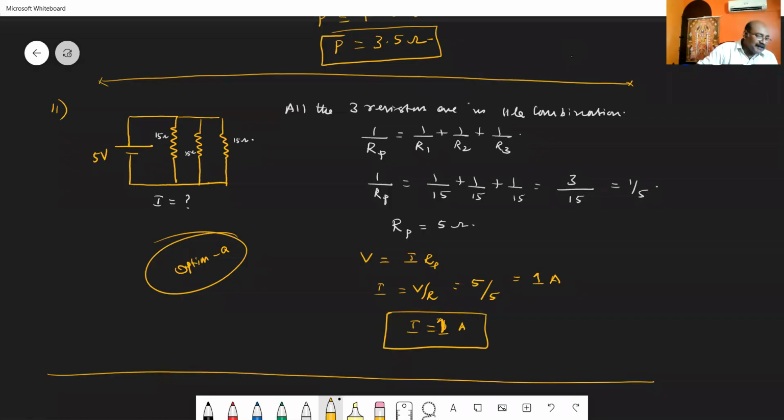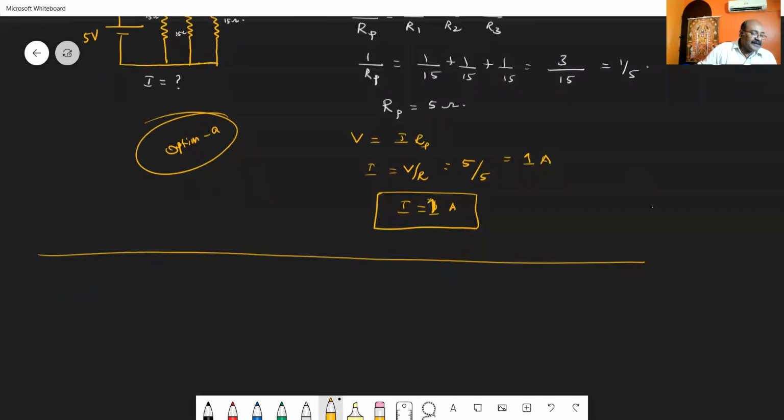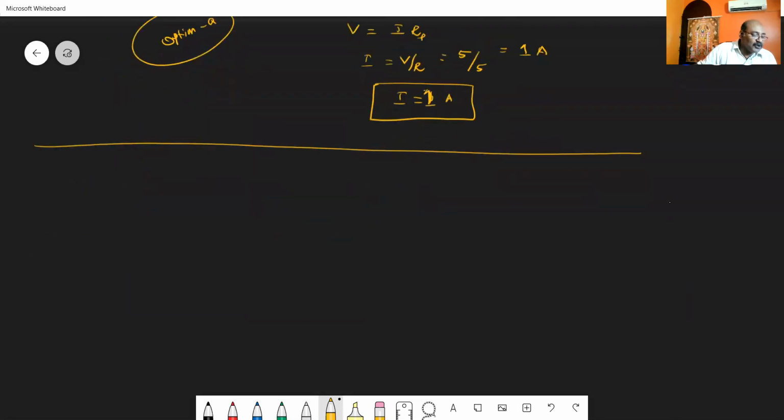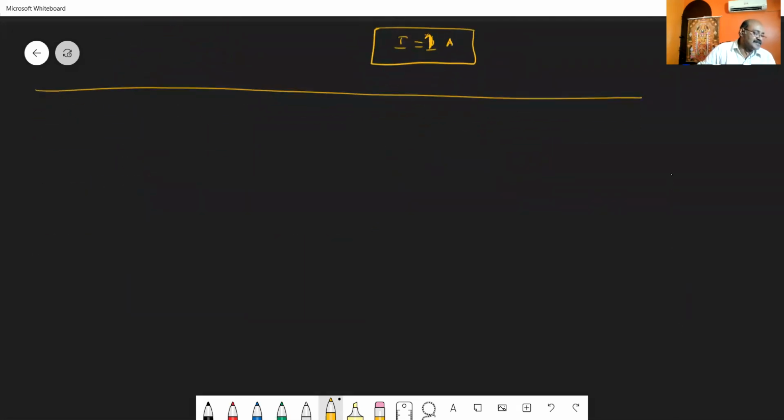For question number 12: the temperature coefficient of resistance of a wire is 0.00125 per degree Celsius. At 20 degrees Celsius, its resistance is 1 ohm. The resistance of the wire will be 2 ohm at what temperature? They have asked.